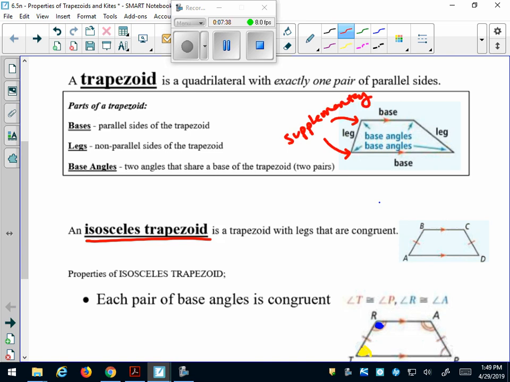Is that true with isosceles trapezoid and regular trapezoids? Look at this diagram. Is this isosceles? Are these two angles going to still be supplementary? Are they still same side interior angles with parallel lines? Yeah, so they're still going to be supplementary. And these two angles will be supplementary.